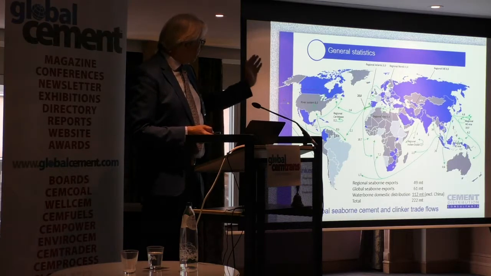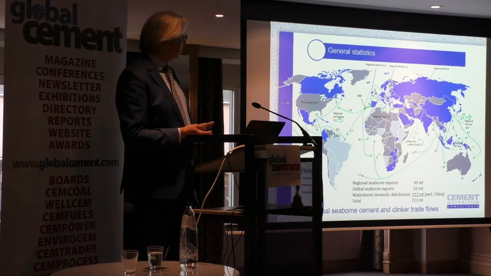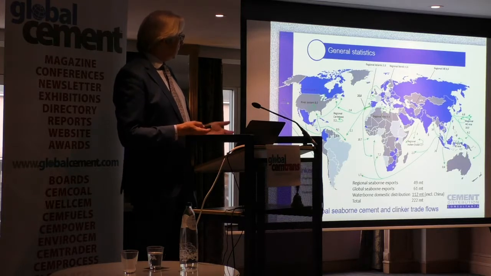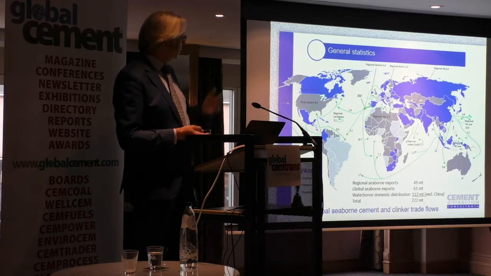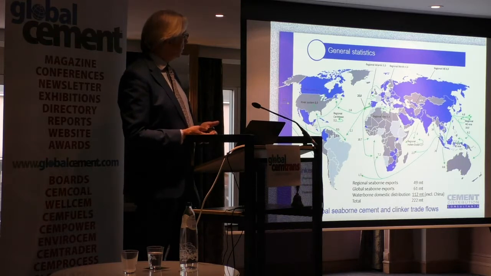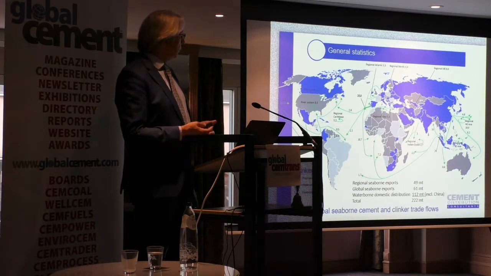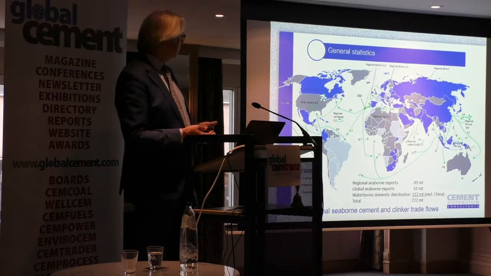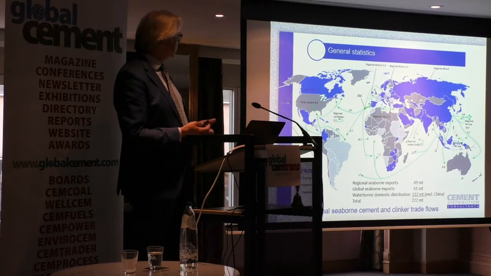The key export base is East Asia, where you've got the combination of China, South Korea, Japan, Taiwan. And then also Vietnam. With that, you're talking about almost 55–60% of global exports.